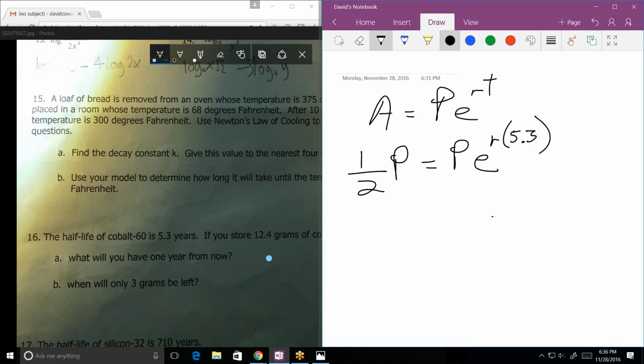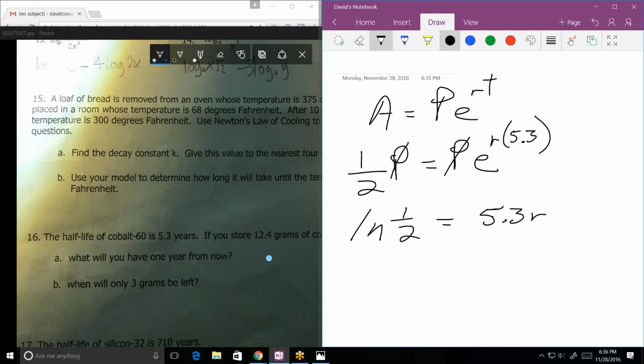And what this is going to allow me to do is solve for R, because notice the first thing that happens is you can divide both sides by P. Now, take the natural log of both sides. So you have the natural log of 1/2 equals 5.3 R times the natural log of E, which is 1.